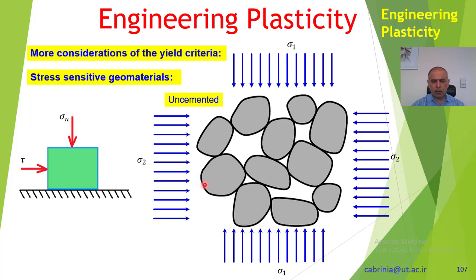These grains are uncemented, and you can see that there is no glue or cement between them, so they have no cohesion, but they have been stressed as before, sigma 1 and sigma 2. So these stresses keep them together.